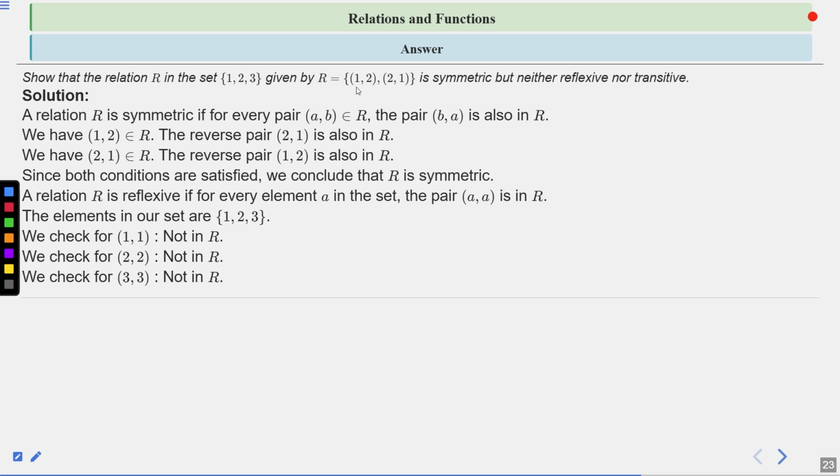The same goes for transitive. If you choose two pairs, (1, 2) and (2, 1), then if it is transitive, (1, 1) must be in this relation R. But you can easily observe we do not have the pair (1, 1), so not transitive also.